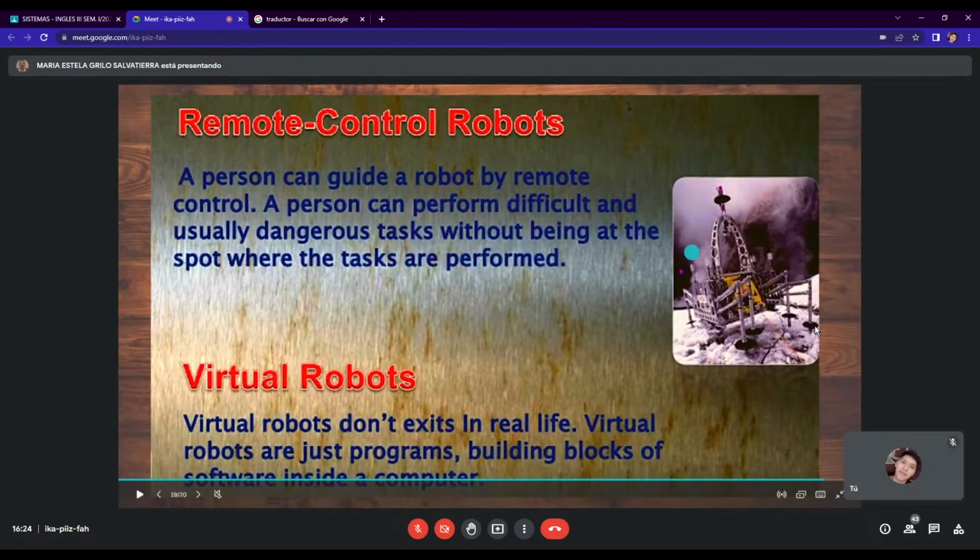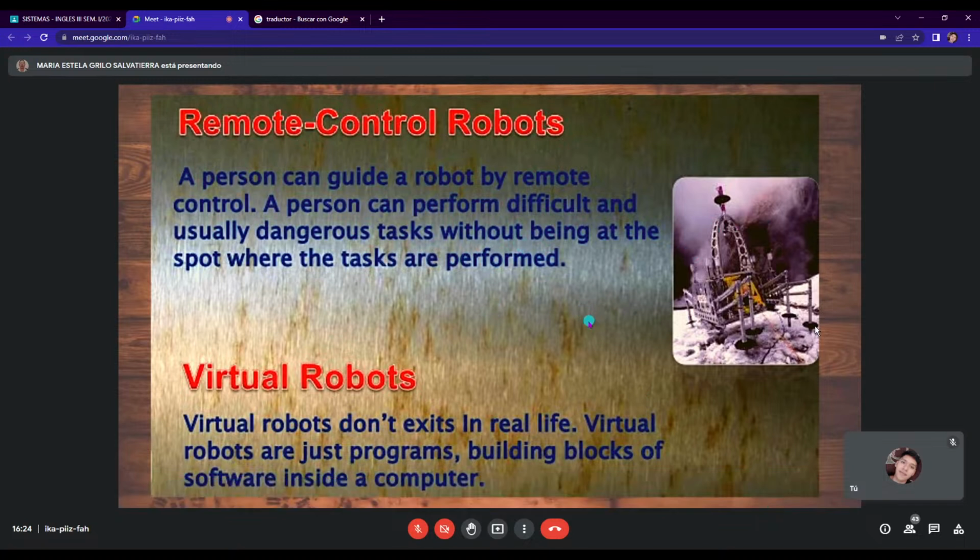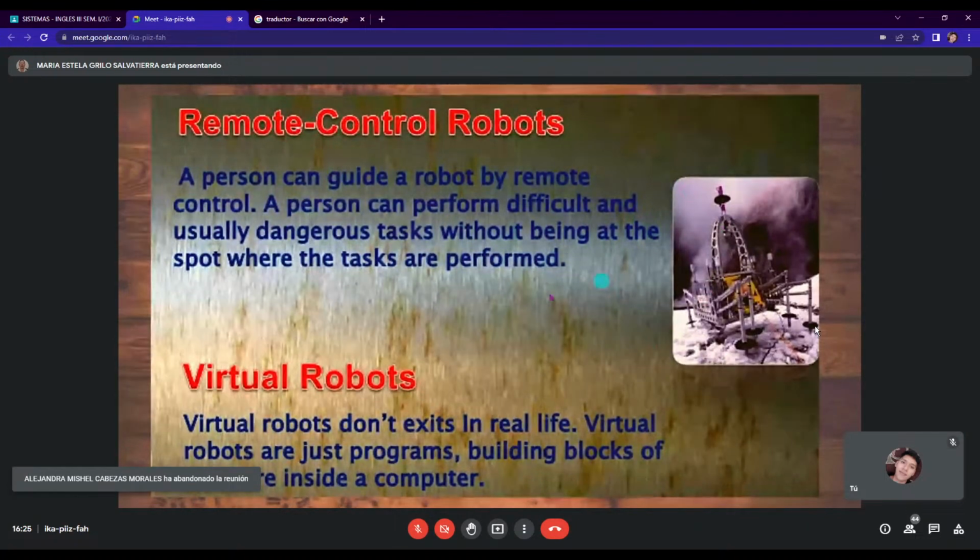In this case, they are not just soldiers. They are taking some bombs, some specialized destroyers that they are going to use with some kind of products to make some places disappear. They are using this kind of robots.